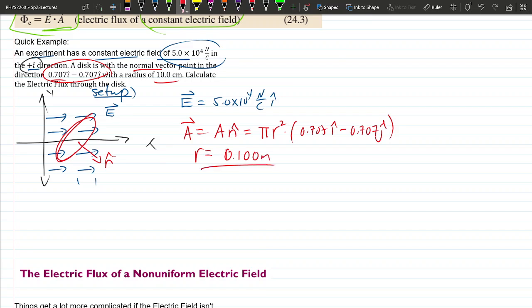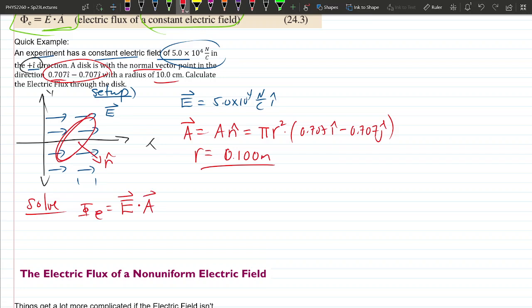Since this is a constant electric field, we can apply that equation above in order to calculate this. This is actually jumping to the solving part. So the electric flux, I think the book actually used lowercase e, that's fine, is the dot product E dot dA.